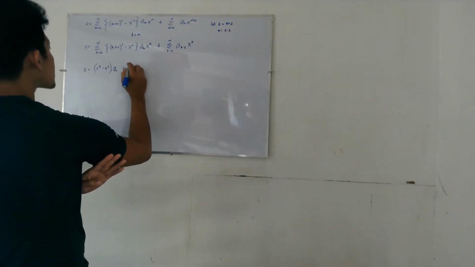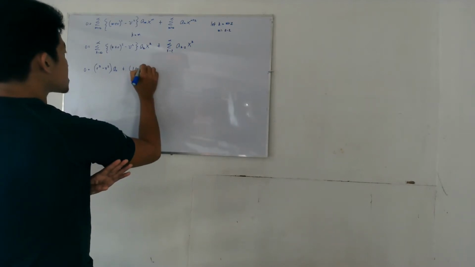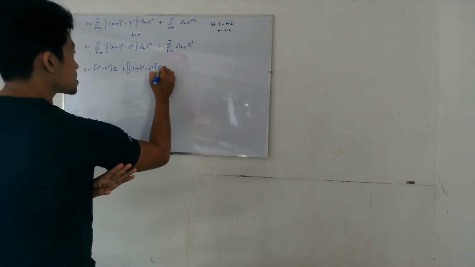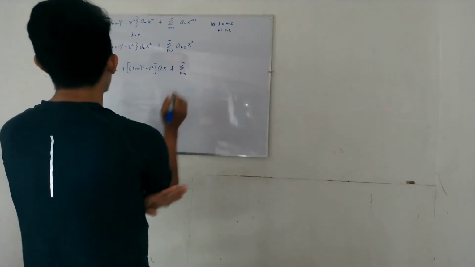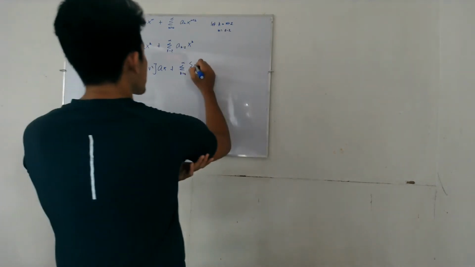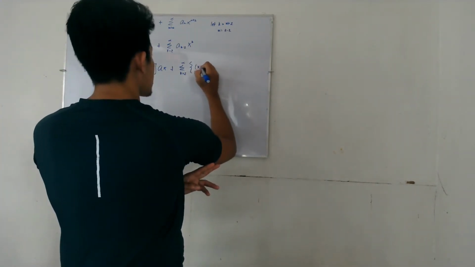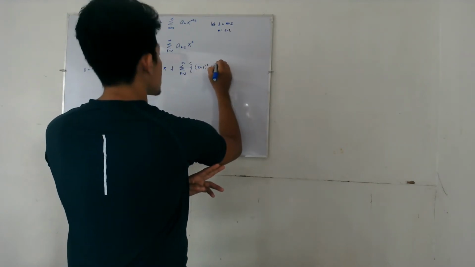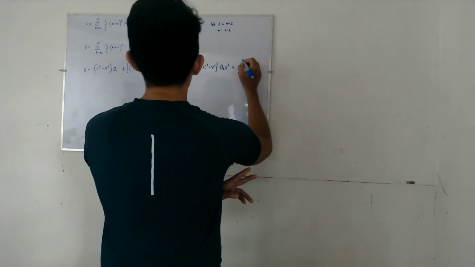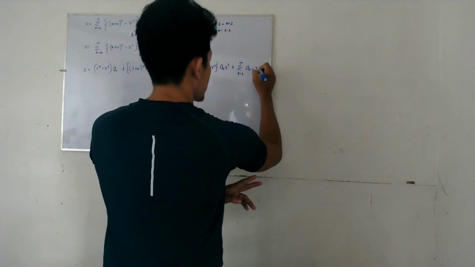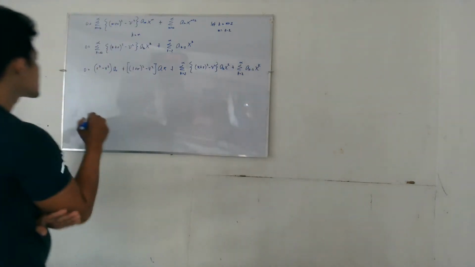And then plus k equal to 1, you have (1 plus r) squared minus mu squared, a sub 1 x, plus this one, summation of k equal to 2, (k plus r) squared minus mu squared, a sub k x^k, plus summation of a sub k minus 2 x^k. Okay, so now the index is the same. Squared. We can combine.